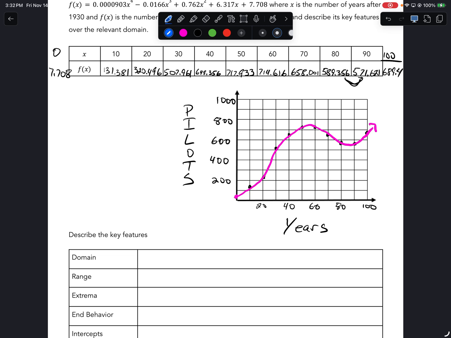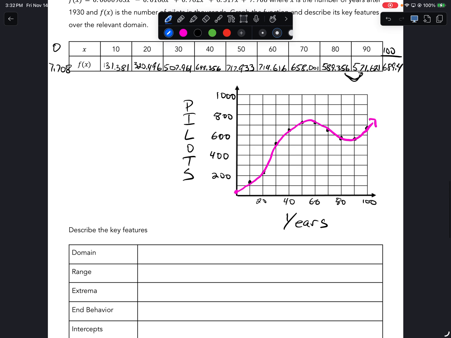What's a domain? All real numbers. No. You can have negative pilots. We're in a parallel universe then. So where does the domain start? At 0. So I'm going to write it in set builder notation because that'll be fun. You could write it in interval if you want.